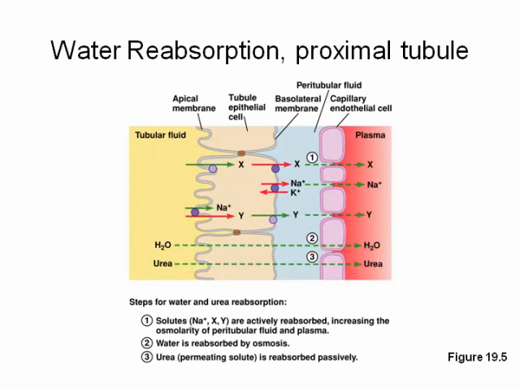So just as water will move in response to solutes, some solutes will move in response to water. So we have here several solutes that are actively reabsorbed, increasing the osmolarity in the peritubular fluid and plasma. And therefore, by increasing osmolarity, water is reabsorbed by osmosis. Urea, which is called a permeating solute, meaning that it can move fairly freely across membranes, is reabsorbed passively.